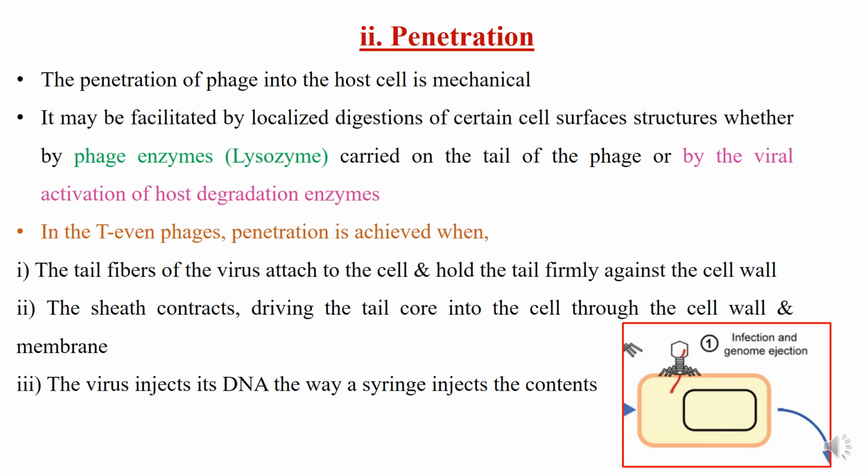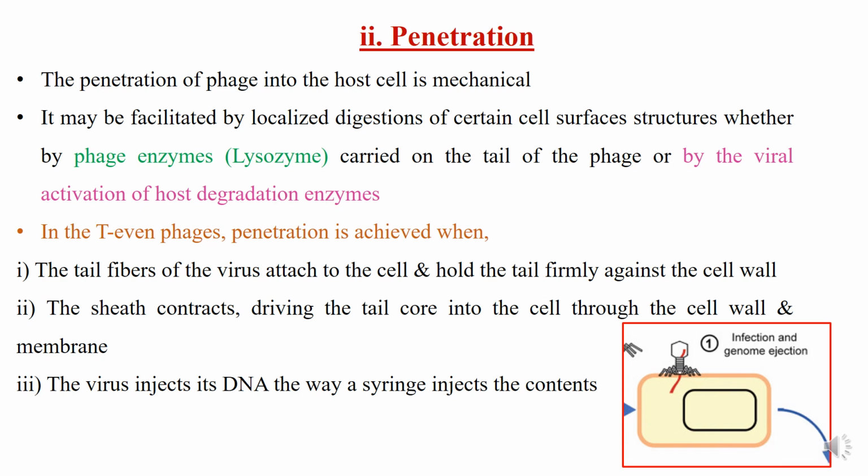In the T1 phages, the penetration is achieved. These T1 phages are virulent phages which infect E. coli, which is present in the human intestine. Here is how the penetration is achieved: the tail fibers of the virus first attach to the bacterial cell and hold the tail firmly against the cell wall.